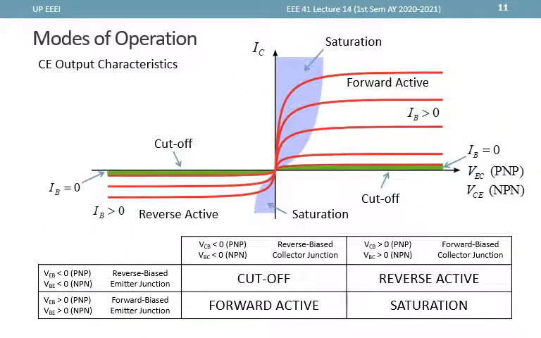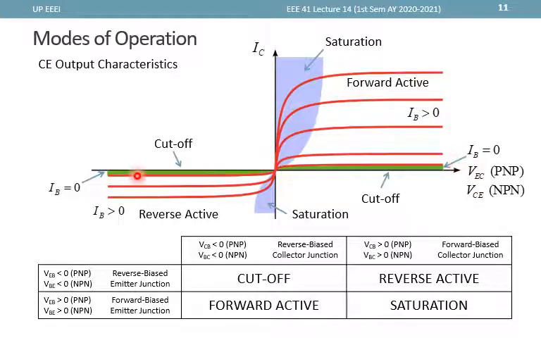This slide shows the different modes of operation of our BJT based on the VEC or VCE and the IC. Since we have a 3-terminal device, we cannot actually fully describe the behavior of the device by using only a single value of VEC, since we also have a third terminal.